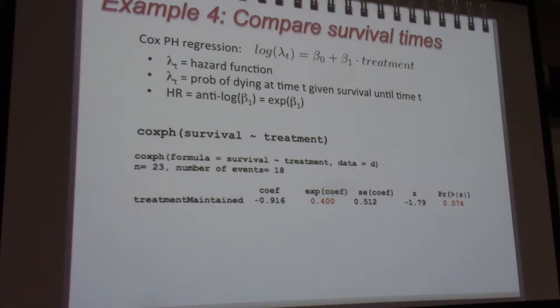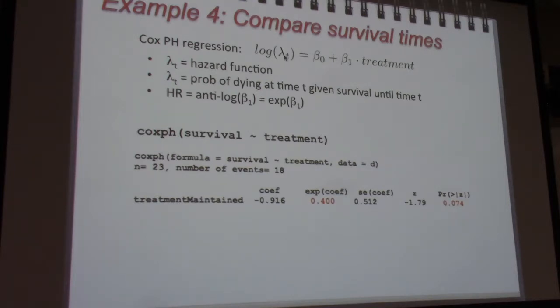But let's say this wasn't a randomized study, or the groups were not equal, or we had additional predictors we had to adjust for. Well, that's where Cox said, oh, we can do this as a regression model. And the Cox regression model is just this. The right-hand side holds the predictors, the linear relationships that we're interested in studying, the most important one in this case being treatment, which is a 0, 1, or yes/no variable.